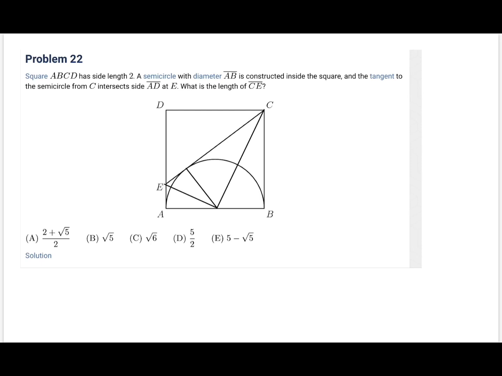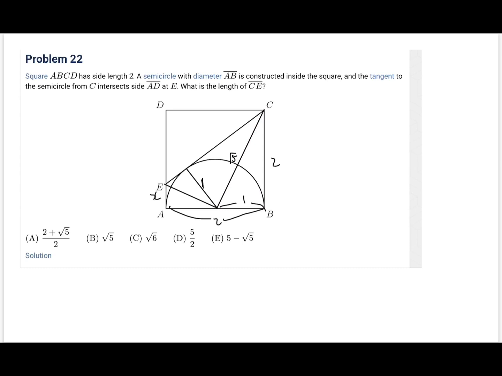So what is the length of CE, right? And so this has side length 2, and so this is 1, right? So this has length 2, this has length 1, and then this has length x, let's say. This has length 2, right? And so this is 2 to 1 to root 5. And so that means that it's like this.